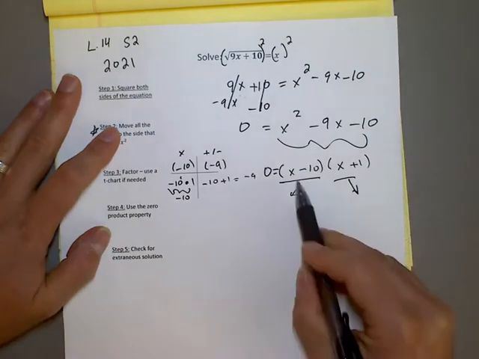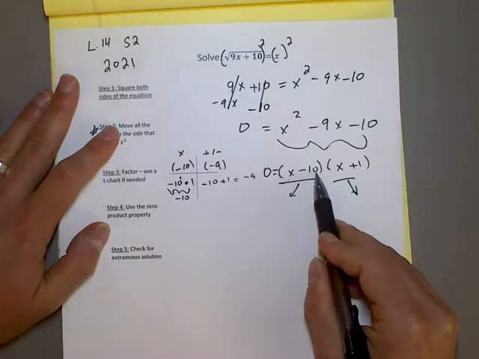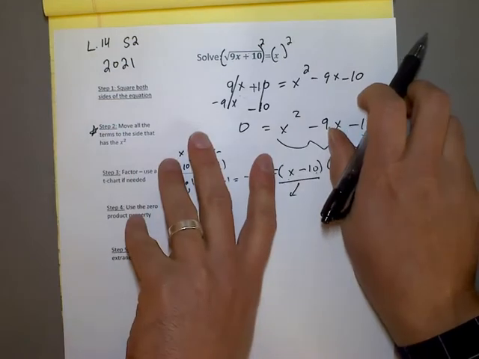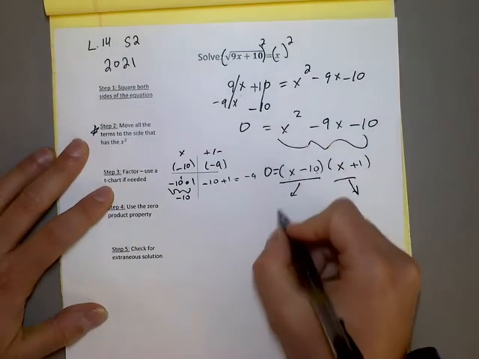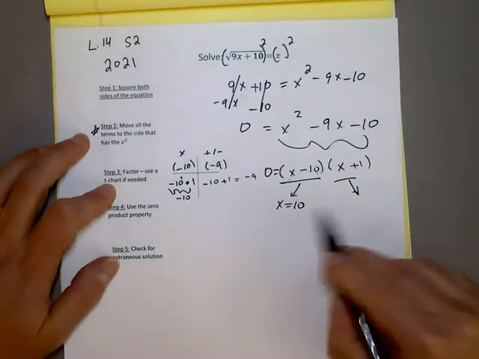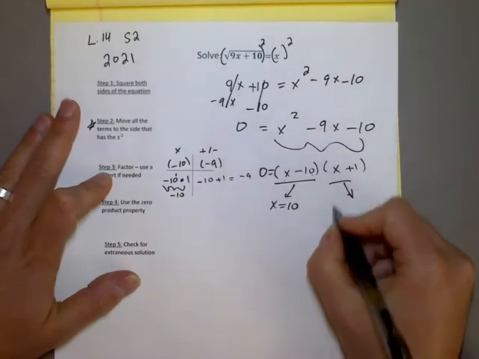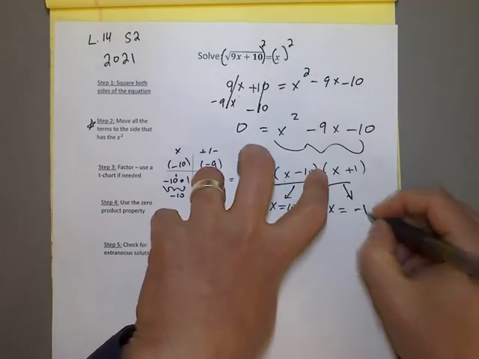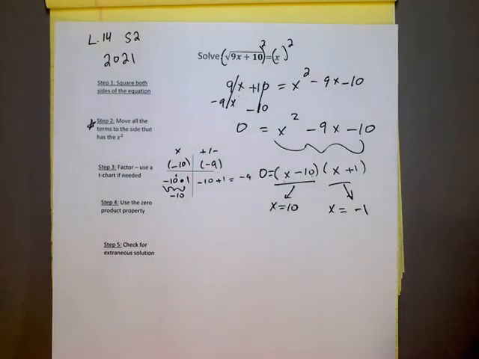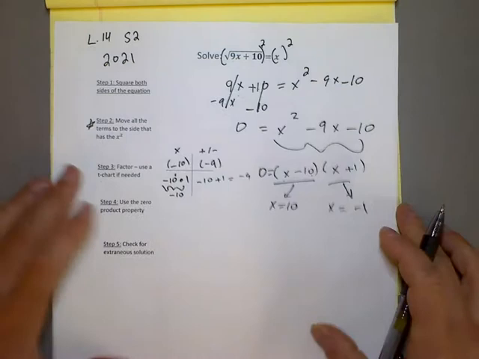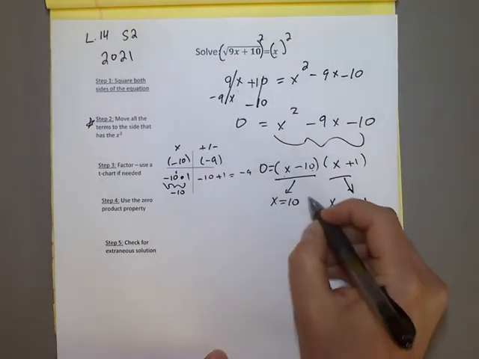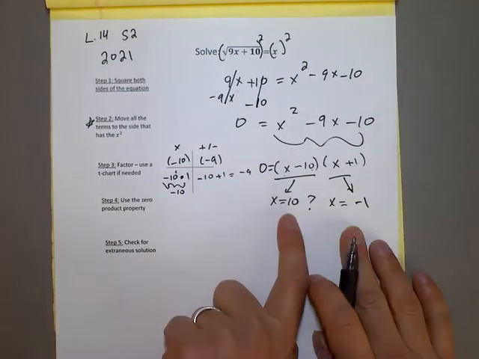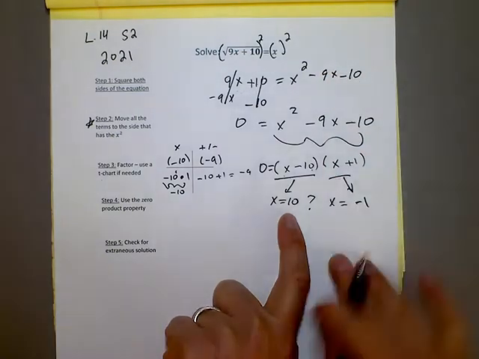What minus 10 would make this binomial equal to 0? The answer is 10, because 10 minus 10 is 0. And my other answer would be what plus 1? I have to do negative 1 plus 1 in order to get 0. Those are the two solutions that work for the problem itself.